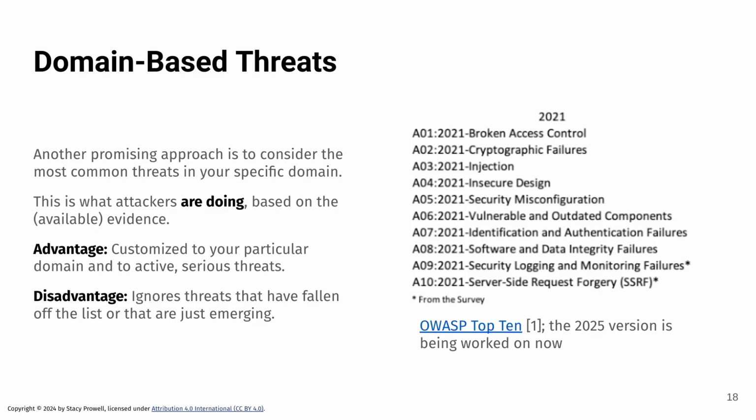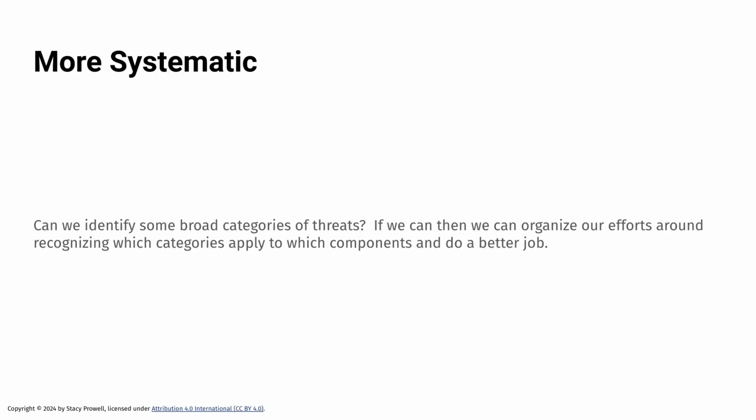A disadvantage to this is that this ignores threats that have fallen off the list, right? There are threats just below that last one there that are probably still very relevant and important that you should think about. And it also ignores threats that are just emerging. So maybe what we can do is, when we want to do those, we should do those things as well, right?